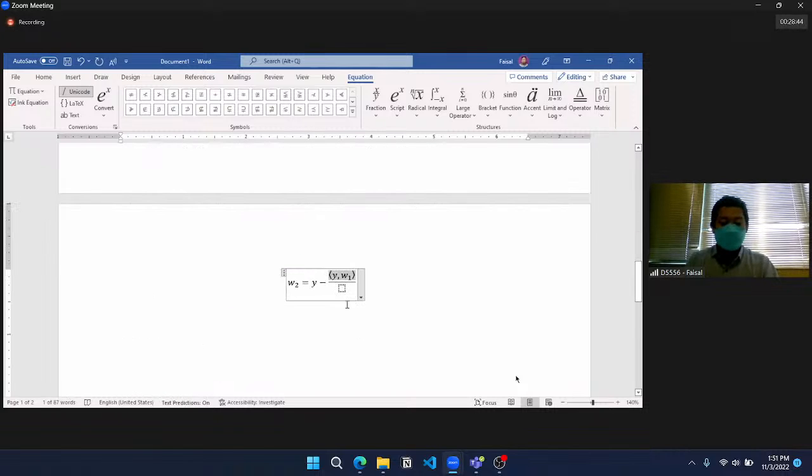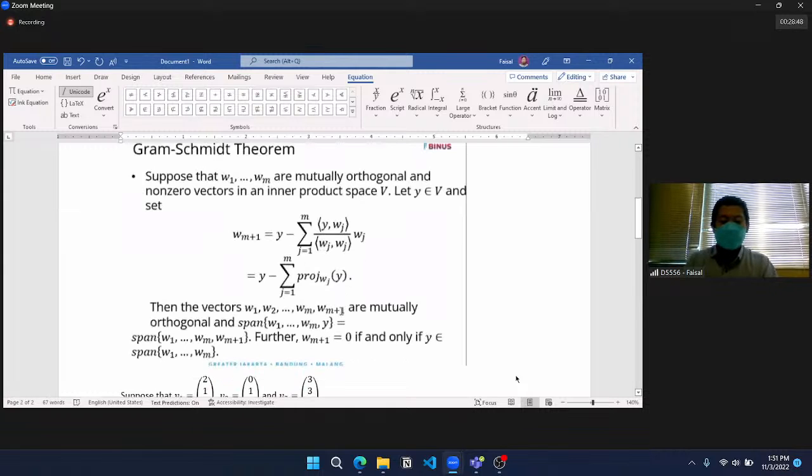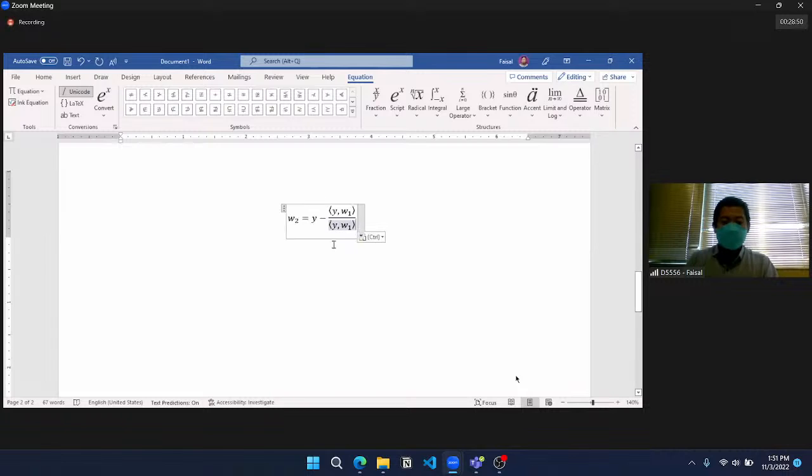And this is the dot product of W1 with itself, times W1.